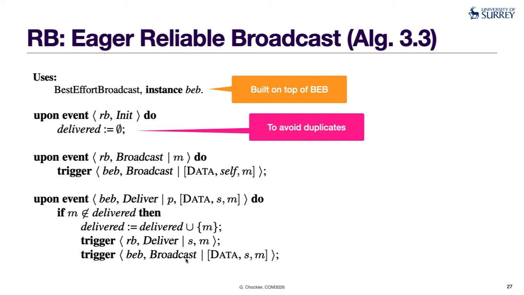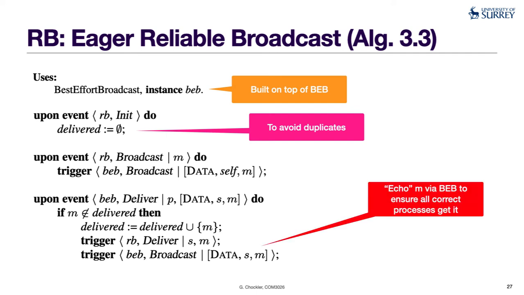And in this line something interesting is going to happen. This technique is called message echoing. We deliver a message that we received from BEB, and then we also trigger another broadcast of the same message. So we basically echo the message again to everyone.